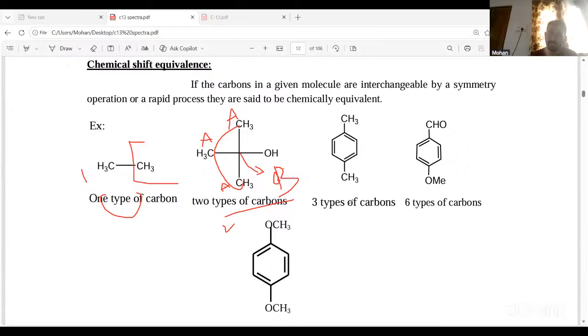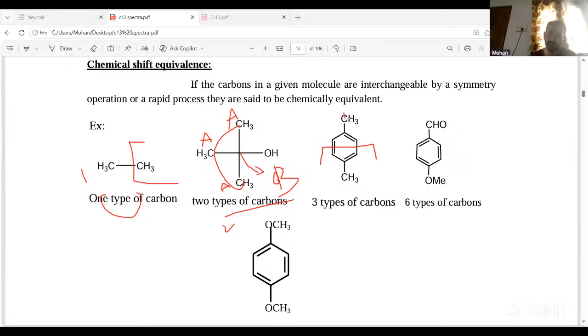And in the benzene aromatic, there are three types of carbons. Okay, so this is also a symmetrical one. Then this 1,4-dimethyl benzene, para-methyl, another 1,4-dimethyl benzene.